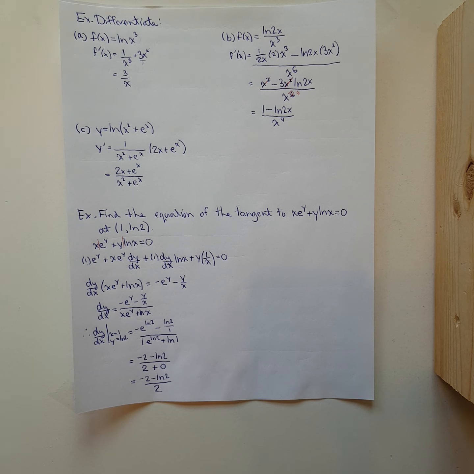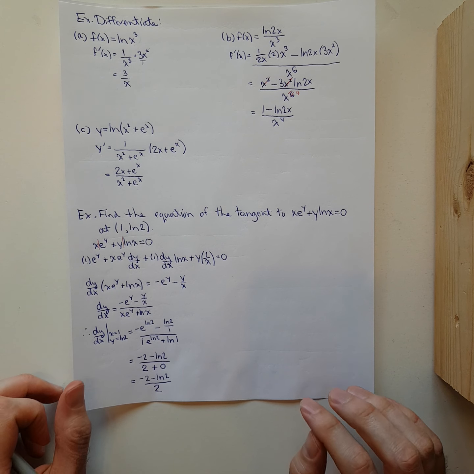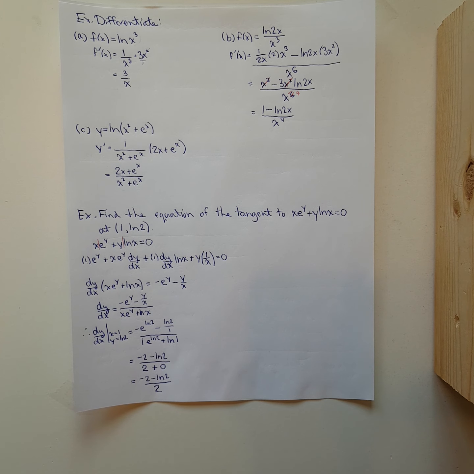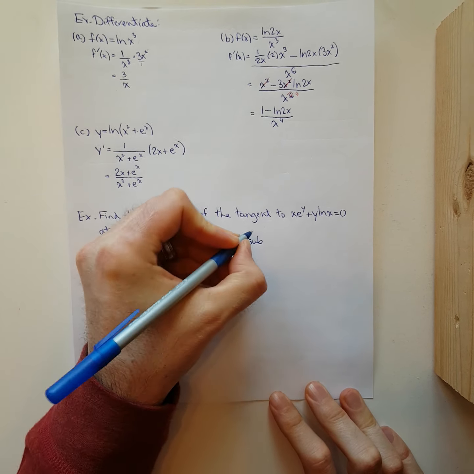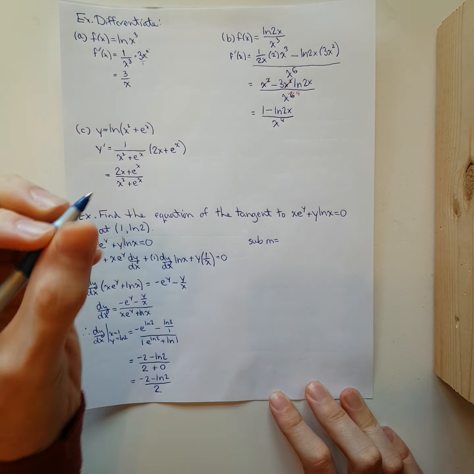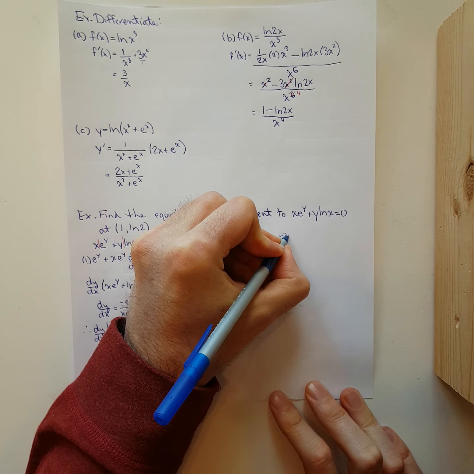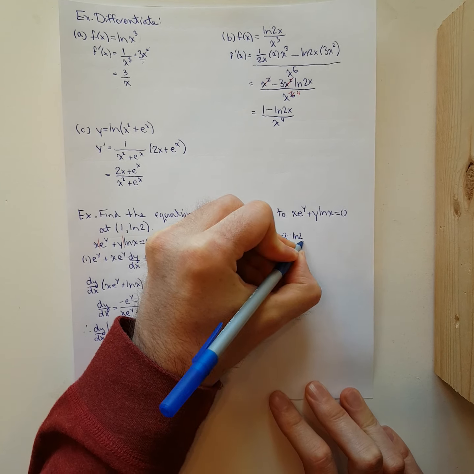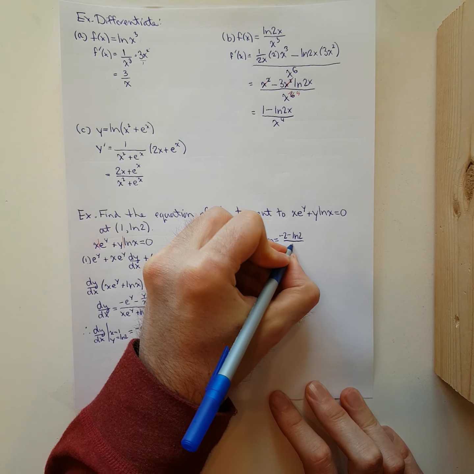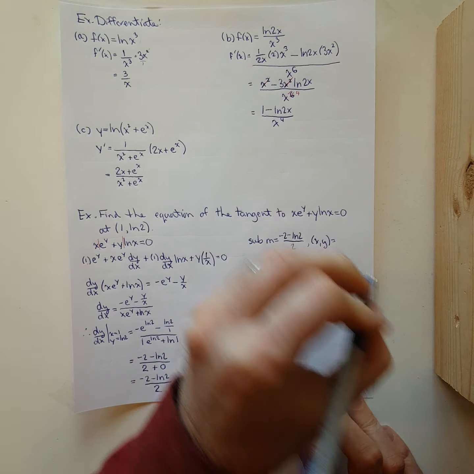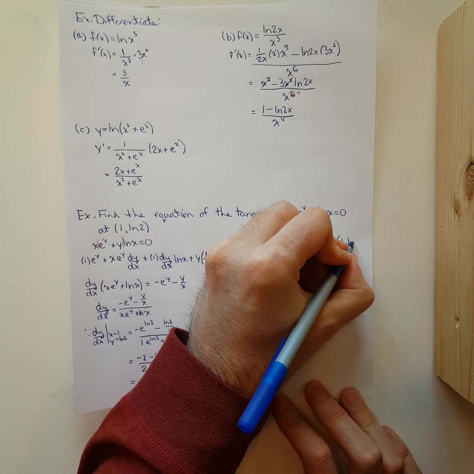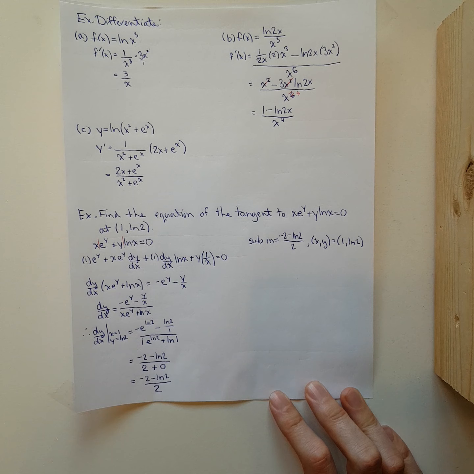Now that we have our slope, we're going to sub this into our equation to figure out what our y-intercept is. So let's sub in that our slope is equal to negative 2 minus ln 2 all over 2. And we'll sub in that x and y are equal to 1 and ln 2.